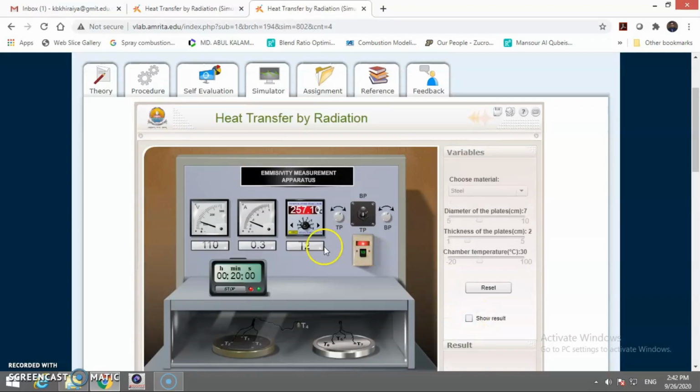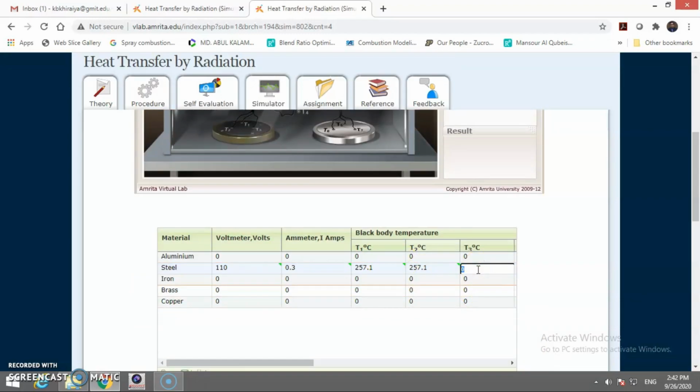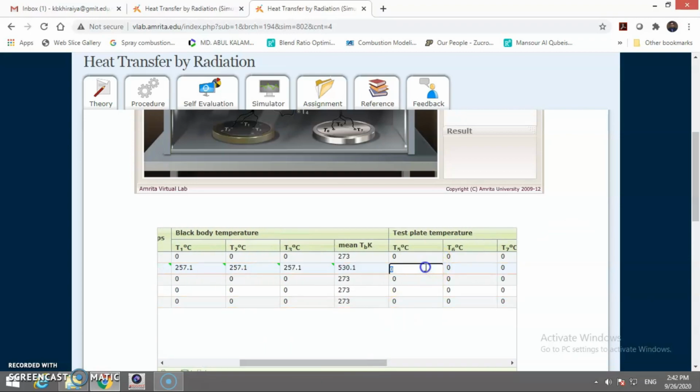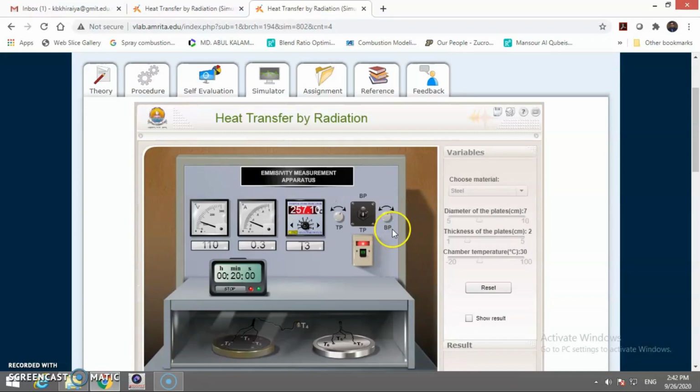Then T3: again I change the knob, and it shows the same value, 257.10. So the mean temperature for the black plate is automatically calculated using the program given here, that is 530.1 Kelvin.